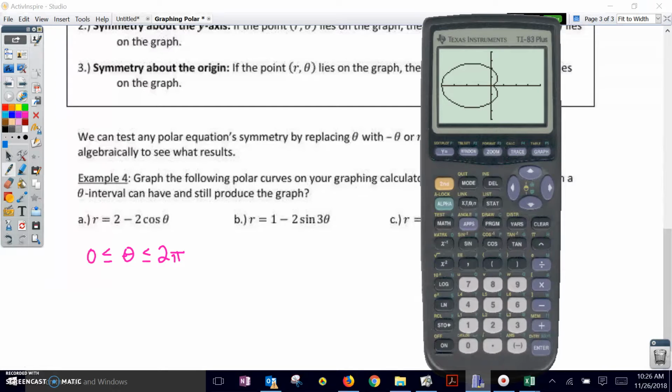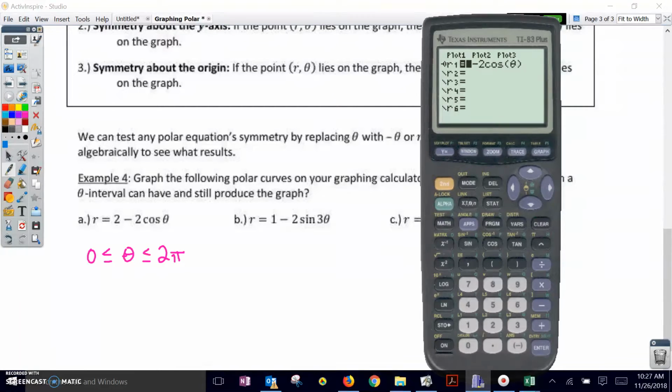Just to double check, if I go to my window and I instead change the theta max to 4 pi, I'm going to get the same graph, but it's going to trace over it a second time. You can see that trace point happening there. So we knew that 2 pi was enough, and any more than 2 pi we were going to have retracing.